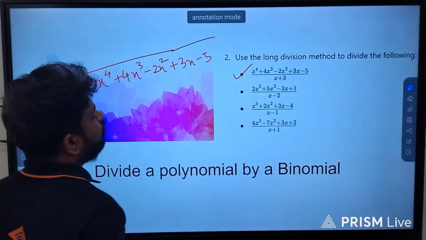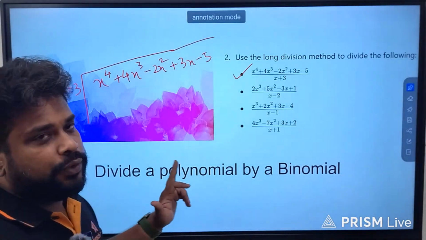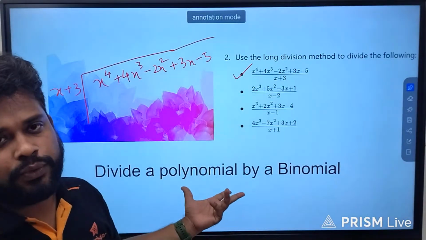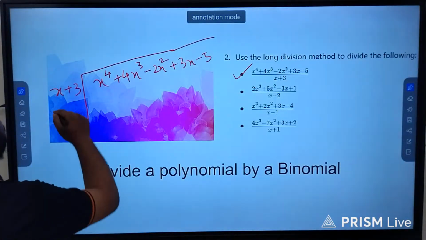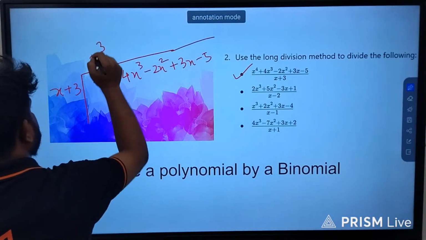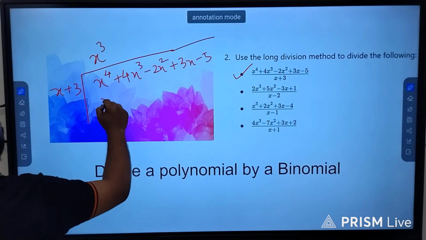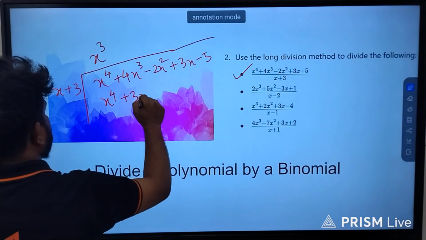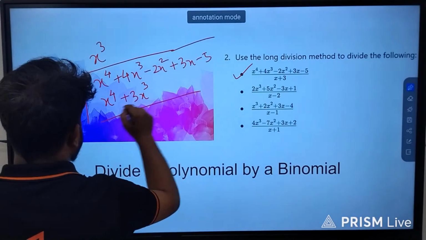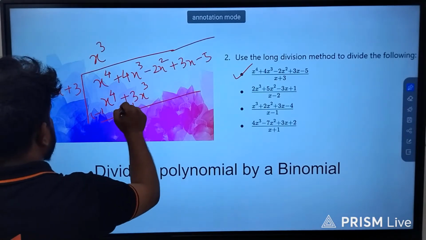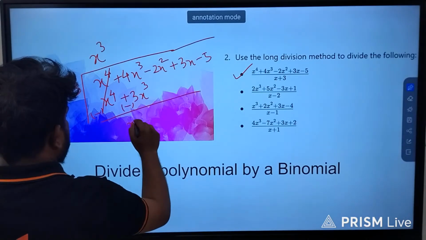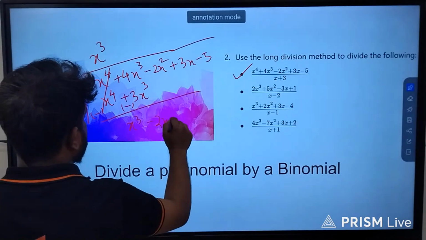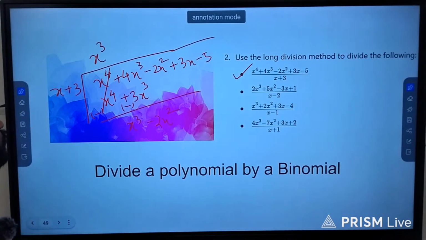I am doing just one for you, and all the rest you have to do by yourself. So first take x cube to match x to the power 4. So it will be x to the power 4 plus 3x cube. Done. Change the sign. So x cube minus 2x square will come out.